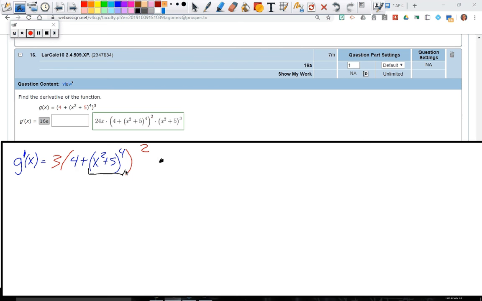So you don't have to put 0 plus. I mean, you can if you want, but it's just more work. But this would be 4 of the stuff cubed. And that unchanged stuff is that. But then we got to multiply by what? The derivative of the next stuff, right? And what would that derivative be?